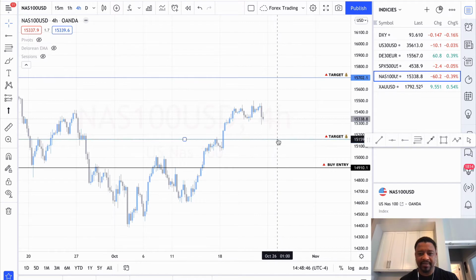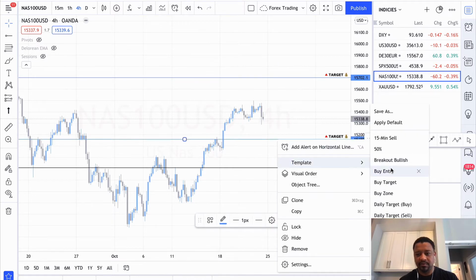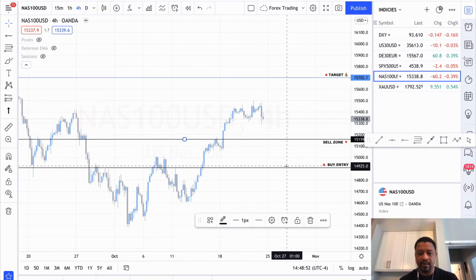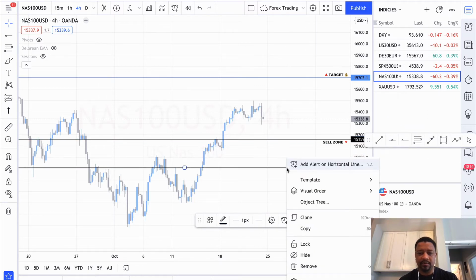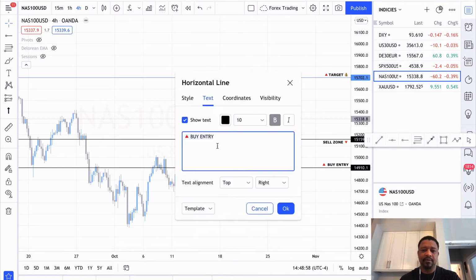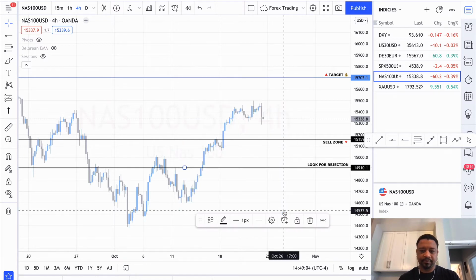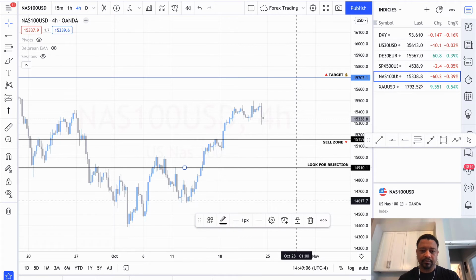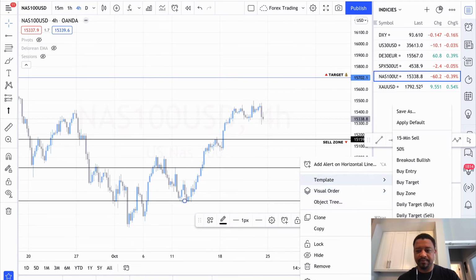So this will be my sell zone. This is where I'll be looking for rejection if it makes it down here. This should be a sell target.